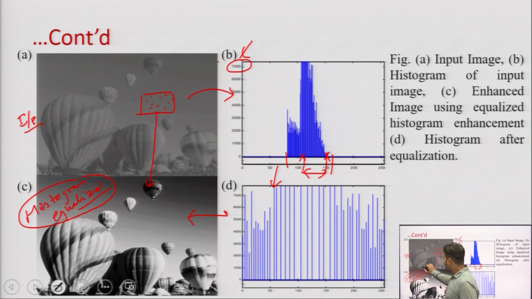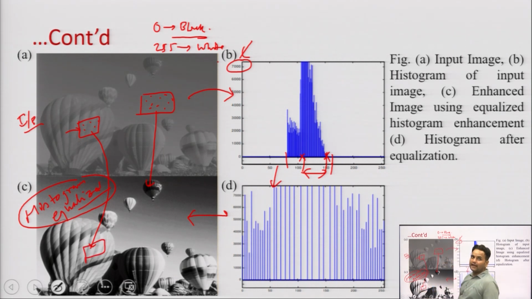Now, here you may observe that the pixel is looking like a higher value. The 0 value belongs to black and 255 is white, so the neighborhood pixels you may observe here look like a white portion. After the image equalization, it will generate the enhanced image, that is the white portion of this histogram.